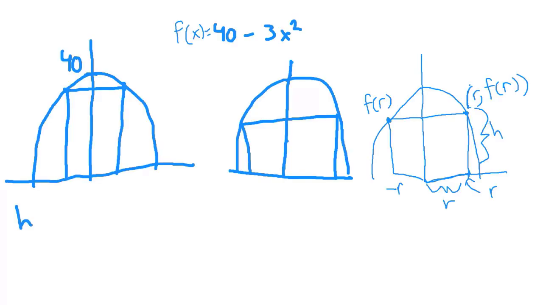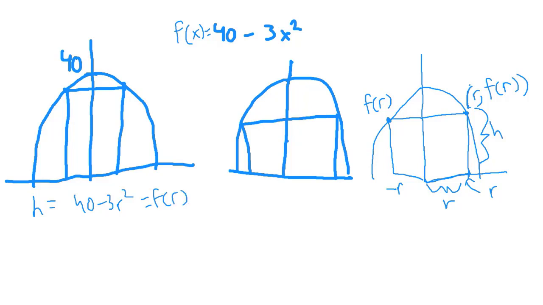So if we see how these are related now, our f of r, our h, we get h equals 40 minus 3r squared, because this is f of r.